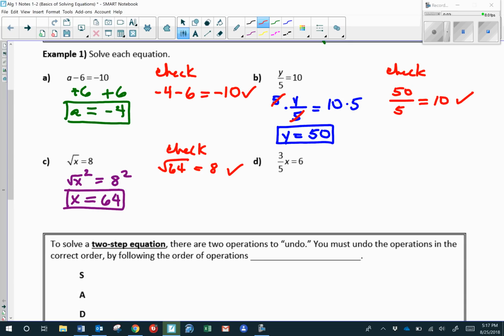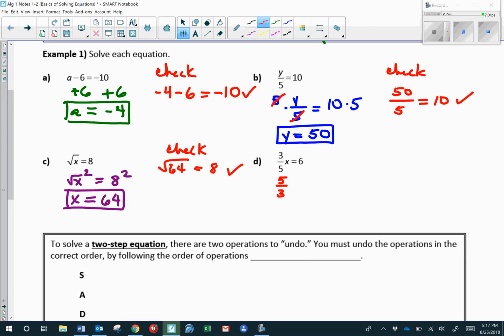In the last example, we have 3/5 times x is equal to 6, so we want to undo the times 3/5. Normally we undo multiplication via division, but we can also do it by the same thing as division, which is multiplying by the reciprocal.